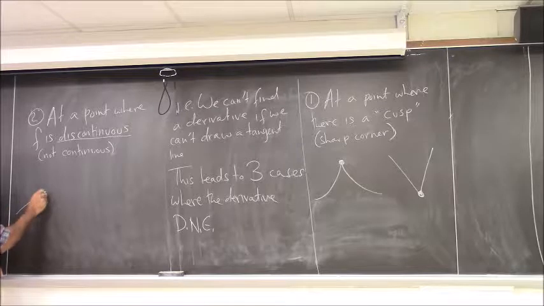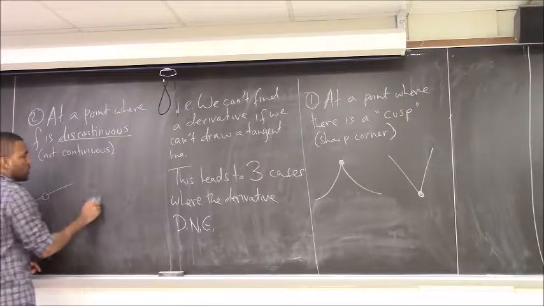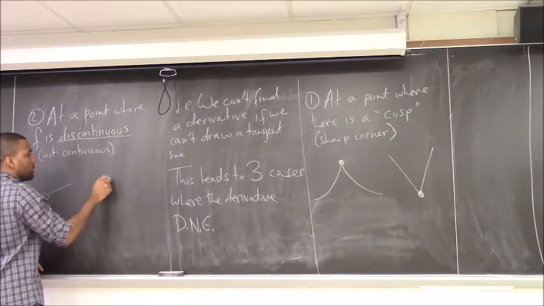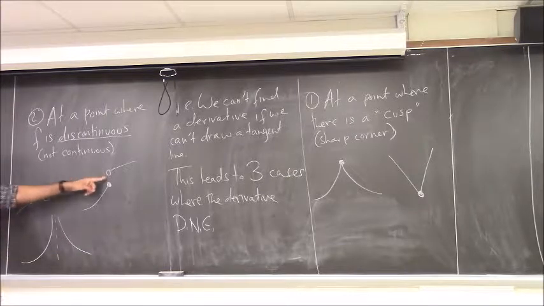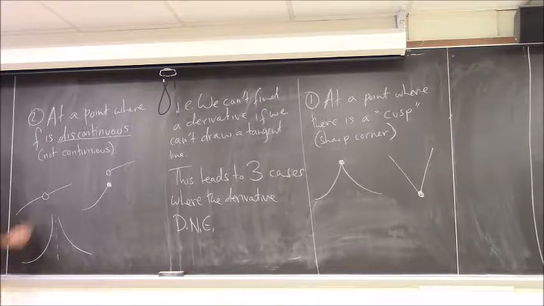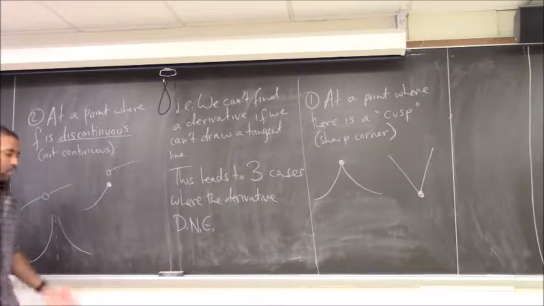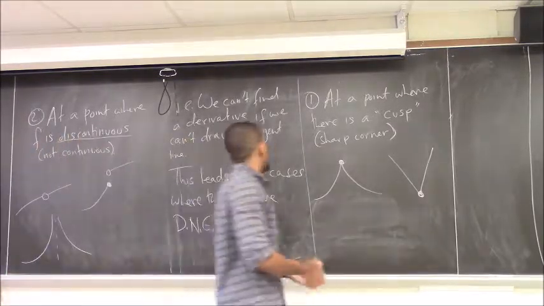So if you have a hole or some sort of jump, if you have an asymptote, you're not differentiable at any of these points, because how are we going to draw a tangent line to a point? There's no point there. There's nothing to draw a tangent line to.